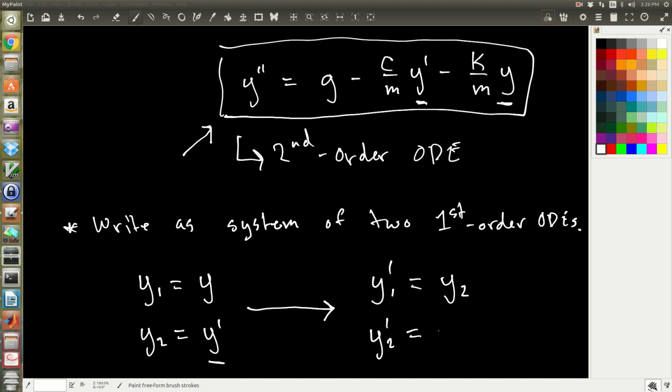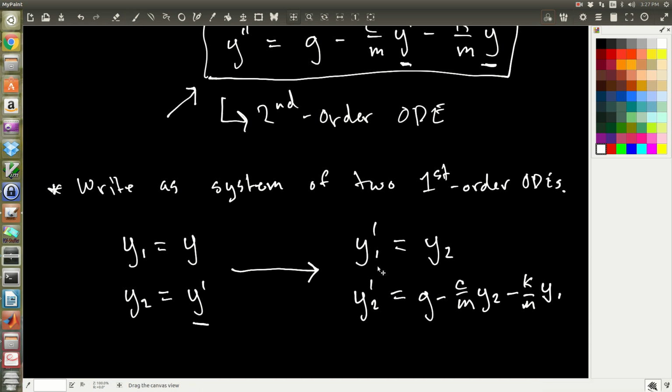If I do that, I get g minus c over m times y prime, which is just y2, minus k over m times y, which is y1.